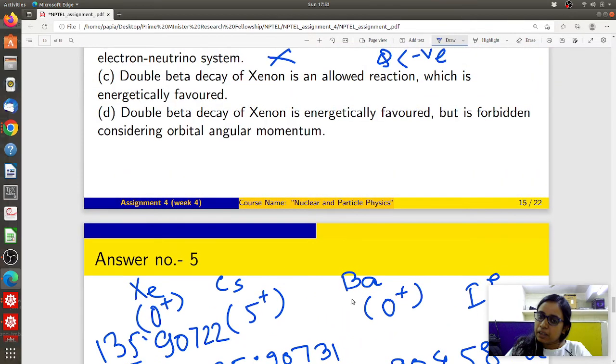The third option was that double beta decay of xenon is an allowed reaction which is energetically favored. Now coming to the next option: double beta decay of xenon is energetically favored, but it is forbidden considering orbital angular momentum.